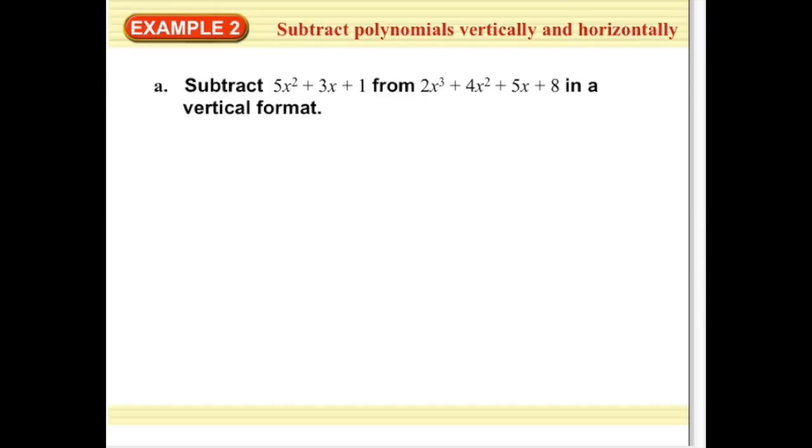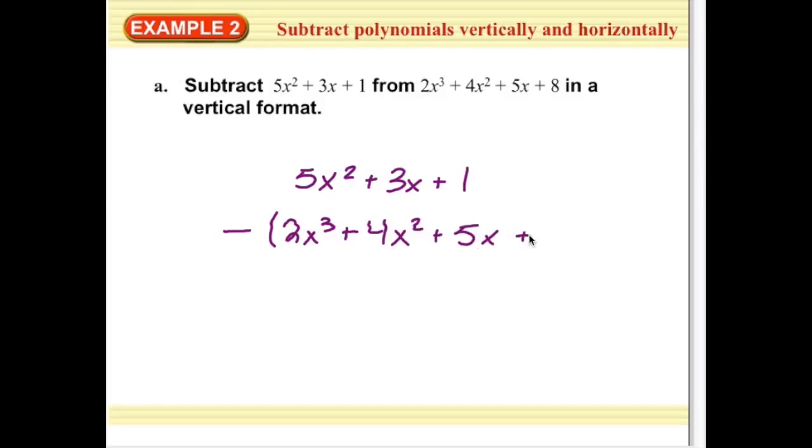Next up, we're going to do some subtraction. This is a little different, but we're still going to kind of use the same methods here. It does say vertical format, so 5x squared plus 3x plus 1 minus 2x cubed plus 4x squared plus 5x plus 8.